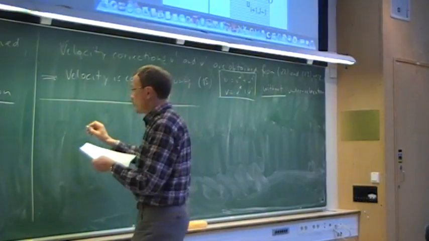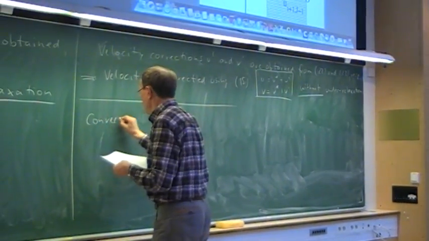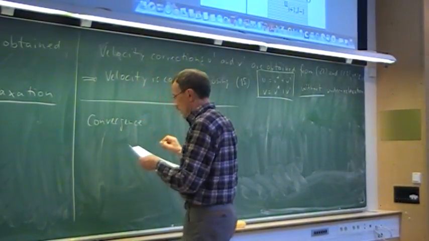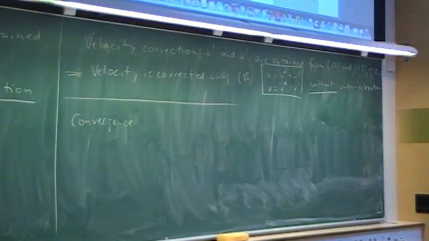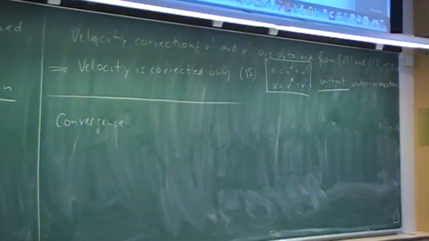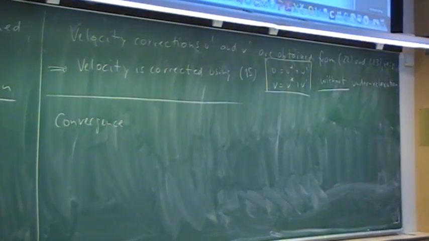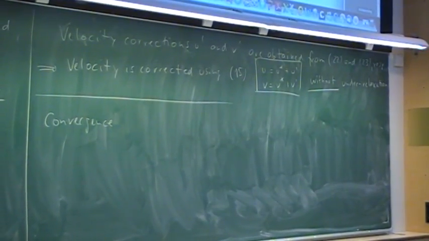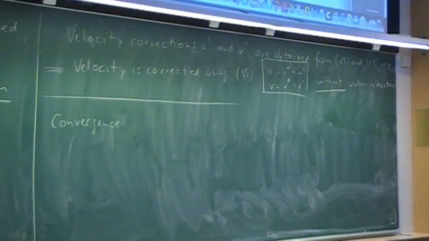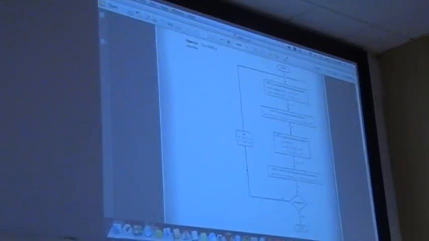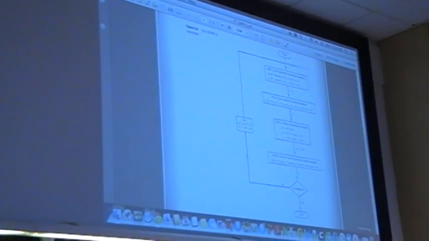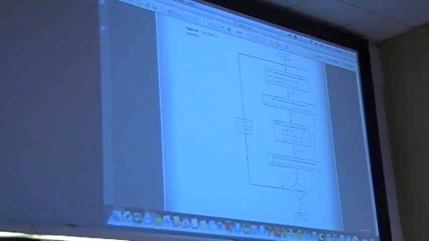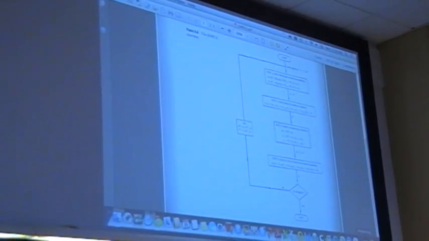So the convergence, let's see, if we go back to the general SIMPLE form. We have now reached step 3, and I mentioned step 4, solve all other discretized transport equations. So that would be at this point.